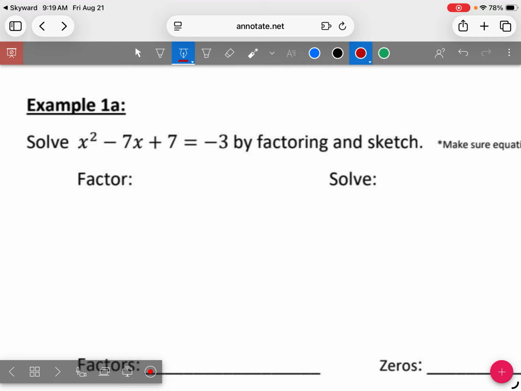So I'm going to add 3 to the like term, which is 7. That's the only term that I can add the 3 to. You can't add 3 to an x squared or to an x. So now I have x squared minus 7x plus 7 plus 3, which is 10. That equals 0.